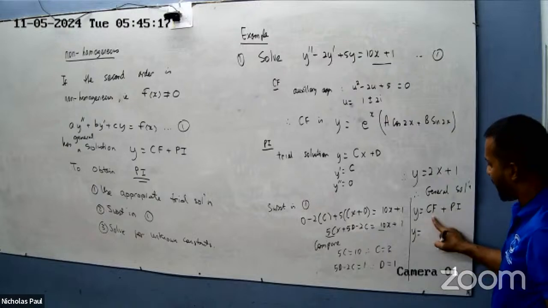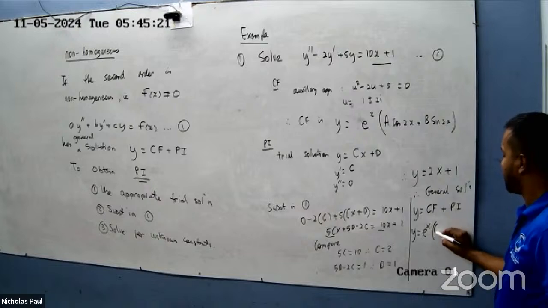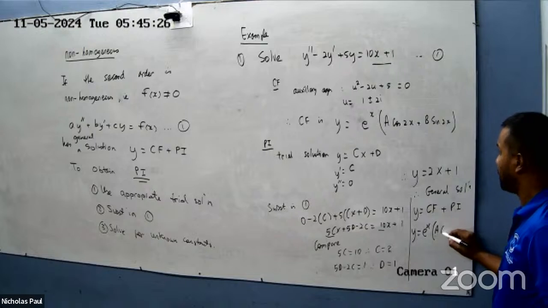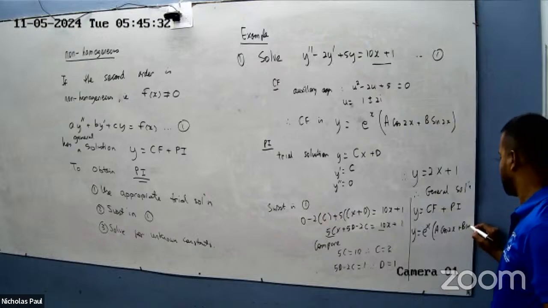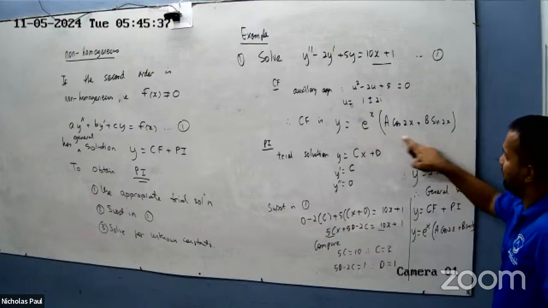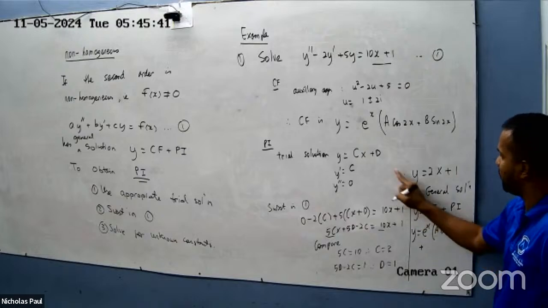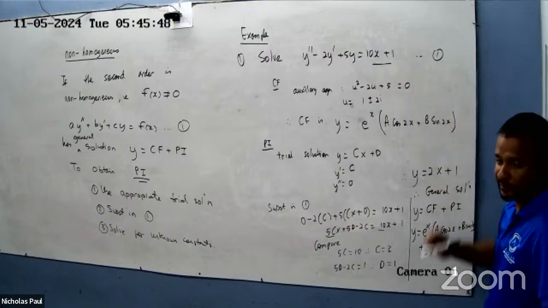So y is equal to this, e to the x, and so on. This is the complementary function, and I'm going to add to it the particular integral, which is this. This plus this is the general solution for this. That's it.